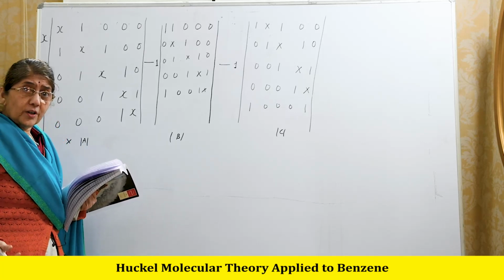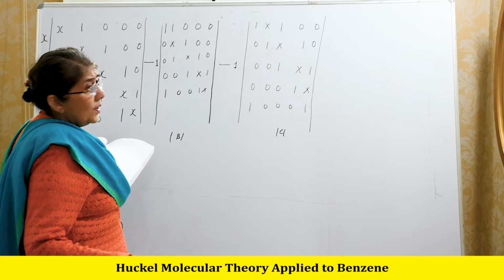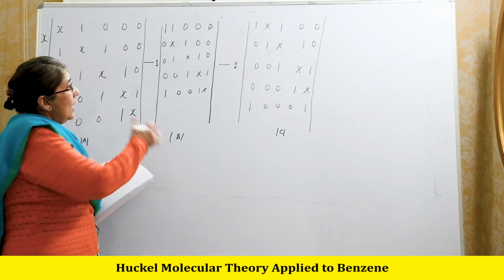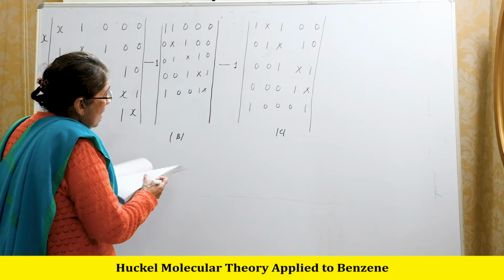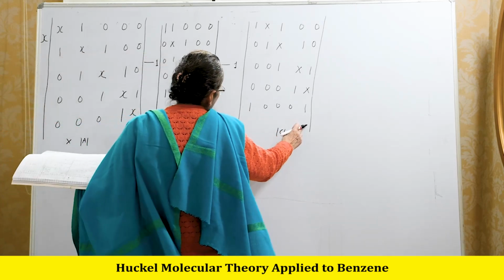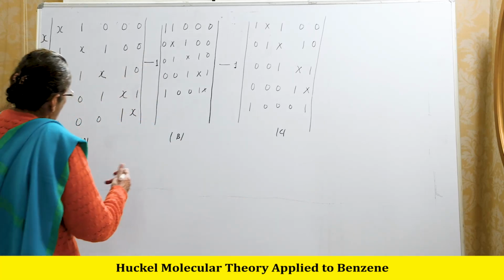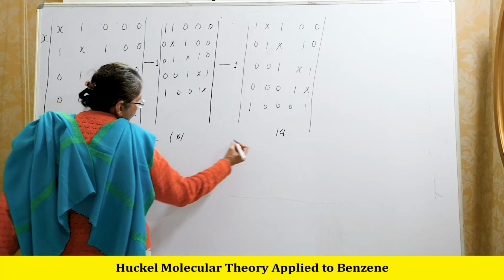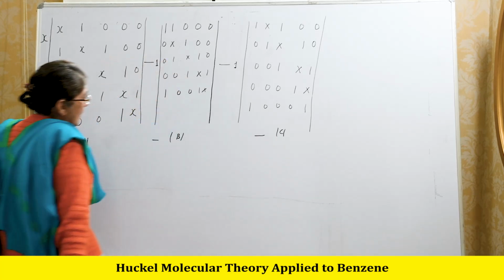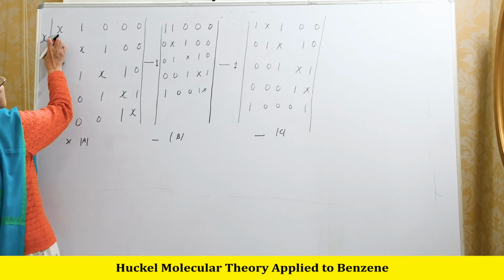So you can go through the solution of the determinant for benzene; in that video I have uploaded all three. So now here I will solve only the C determinant. So A minus B and minus C, this will be the form.